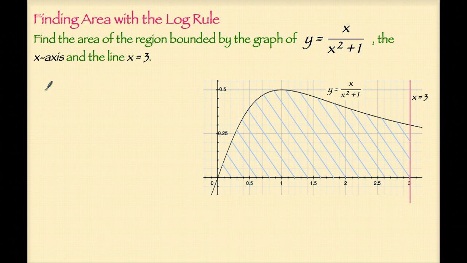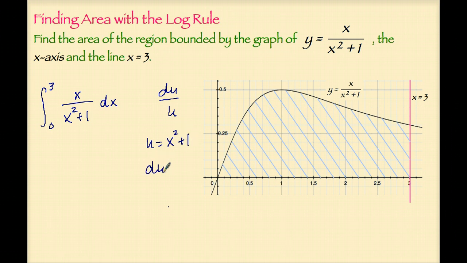We know that this definite integral from 0 to 3 of x over x squared plus 1 dx will yield this area. So now I look to see if I have the natural log pattern. I need du over u. Well, that means if u is x squared plus 1, then what I would need in the numerator is 2x dx.